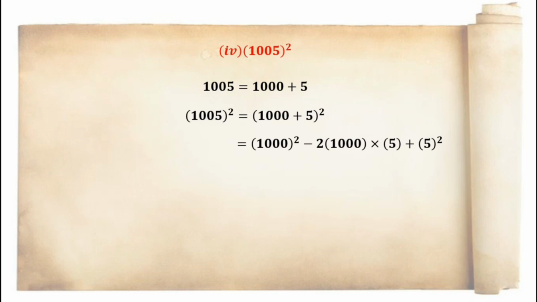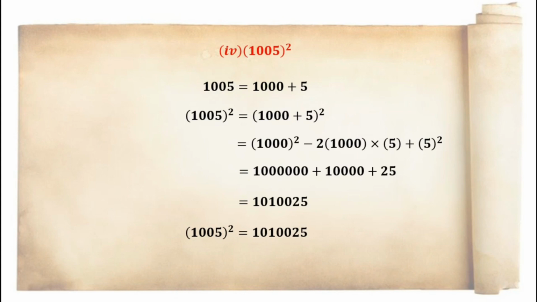So 1000 raised to 2 is equal to 10 lakhs, plus 2 into 1000 is equal to 2000, and 2000 into 5 will be 10,000, and 5 raised to 2 will be 25.